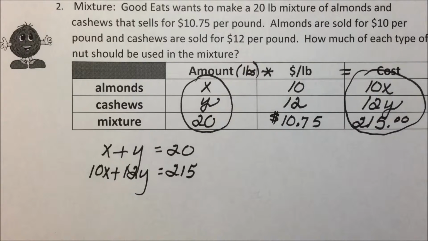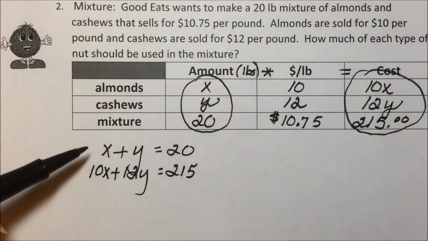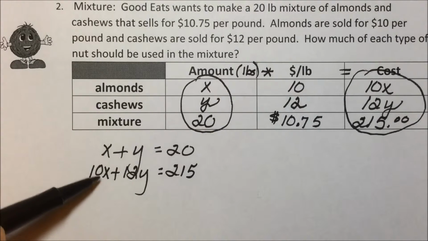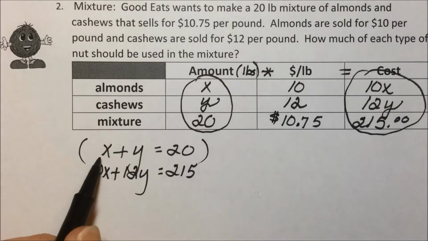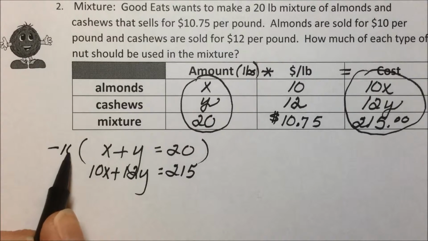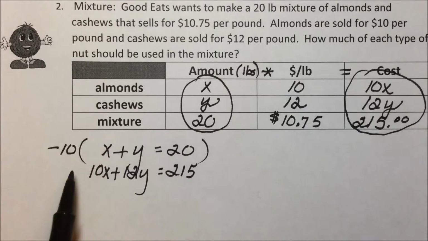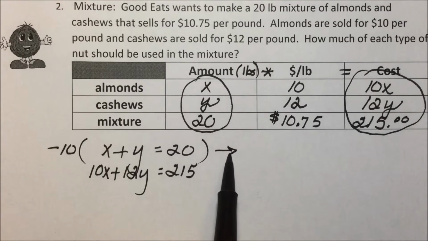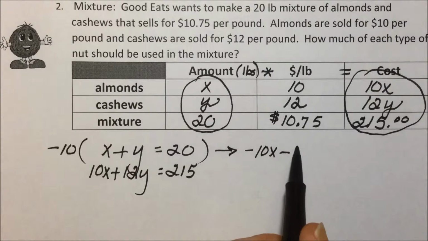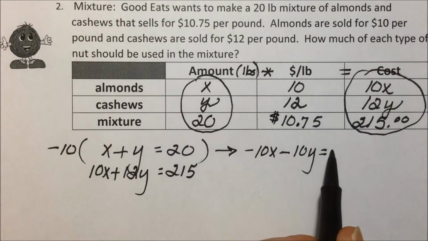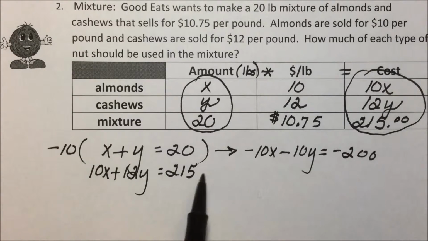If we use the elimination method and, for example, decide to eliminate the x term, for that to happen, this x, instead of having a 1, would need a coefficient of -10. So I'm going to multiply every value in this first equation by -10, giving us -10x, -10y, and -200.